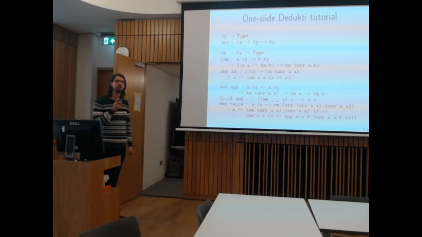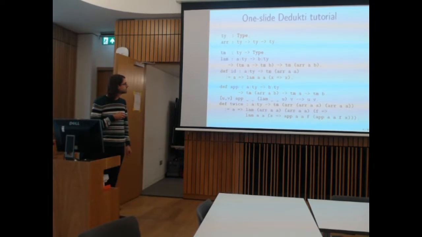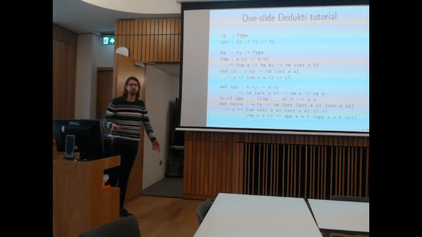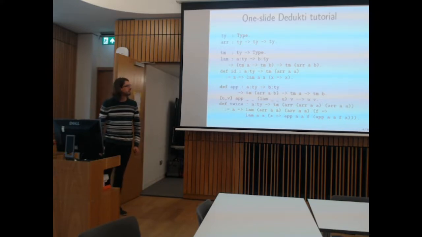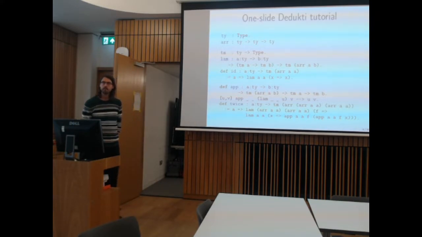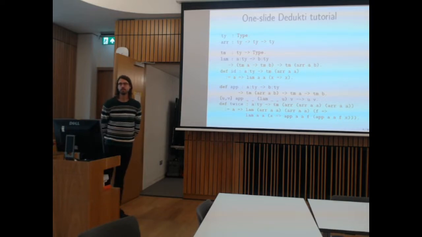Sorry, is that def app, is that the type, or should app be another constant? No, so you need to declare it as a def if you want to add rewrite rules to it. If you don't use the def keyword, it's assumed to be a constant, like a constructor basically. So if you want to rewrite it, you need to do that. And then this colon equals is kind of a shortcut for defining a symbol and a rewrite rule. Normally when we declare constructors, we do it in a data declaration, where we say here are all the constructors at once.